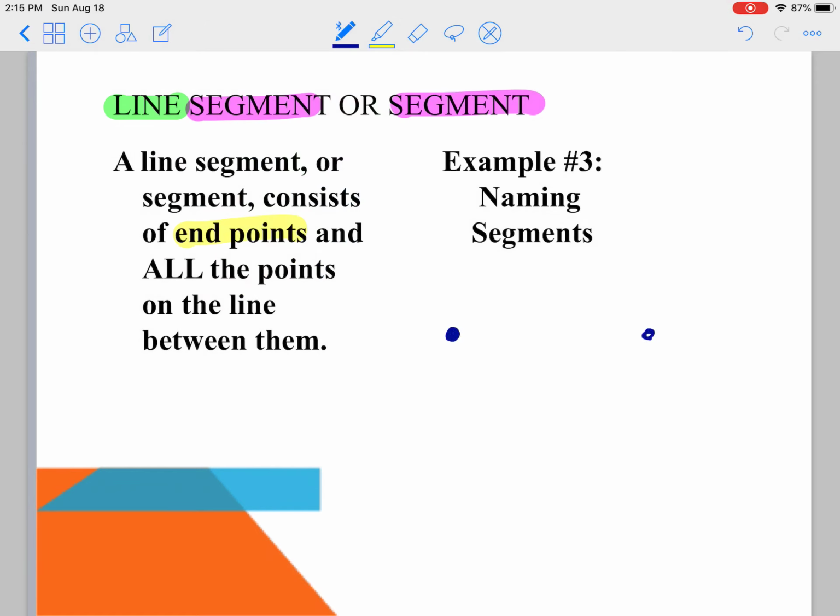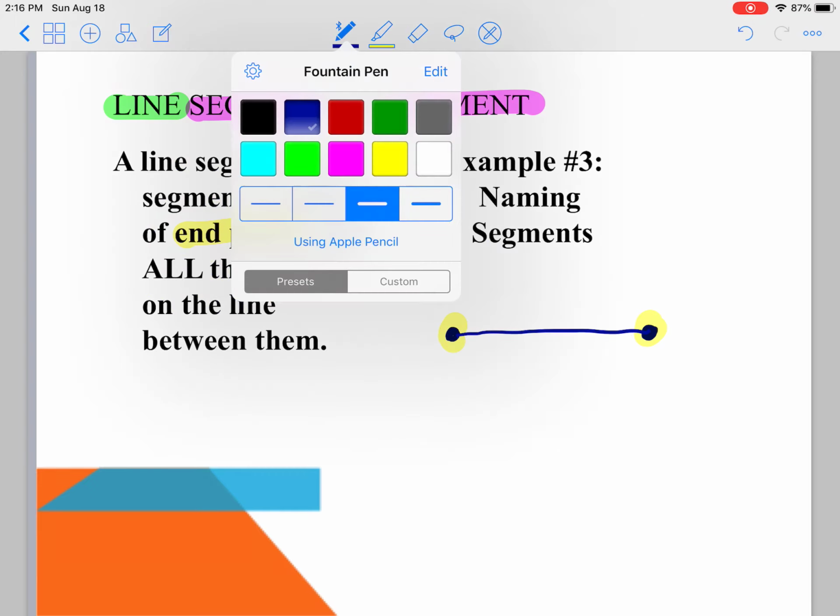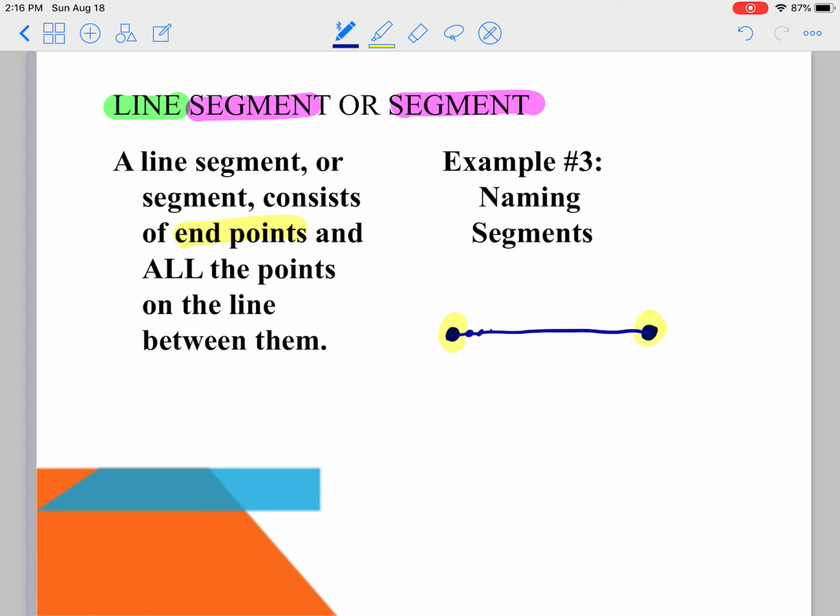And so I'm going to draw in endpoints. So here are my endpoints, okay? And then I have a segment between them. Now what this is saying is that my segment stops at my 2 endpoints, okay? I have an end on each side. And it also consists of the infinite amount of points in between them. Technically, this line is made up of an infinite number of points, but when all put together, it composes a line.